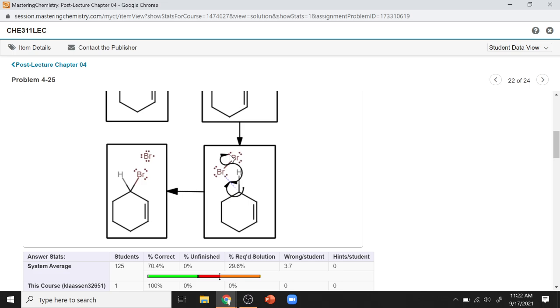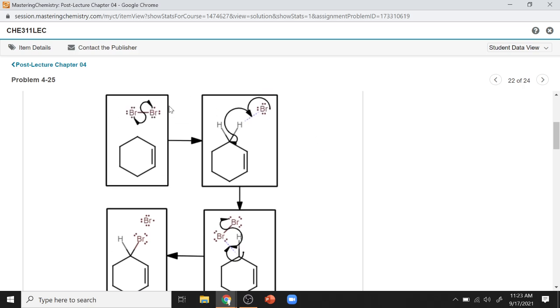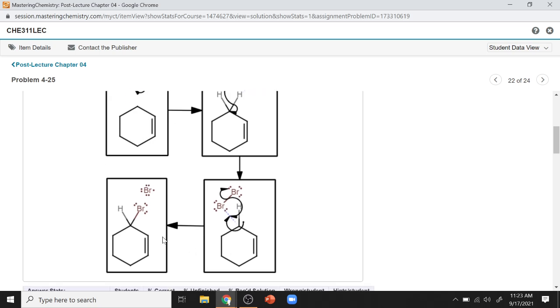Would this kind of be propagation? Yes. It is indeed. Yep. This is actually both steps. So this is the initiation reaction right here. And then you're doing the propagation reactions here. Okay. And then that's just the product.